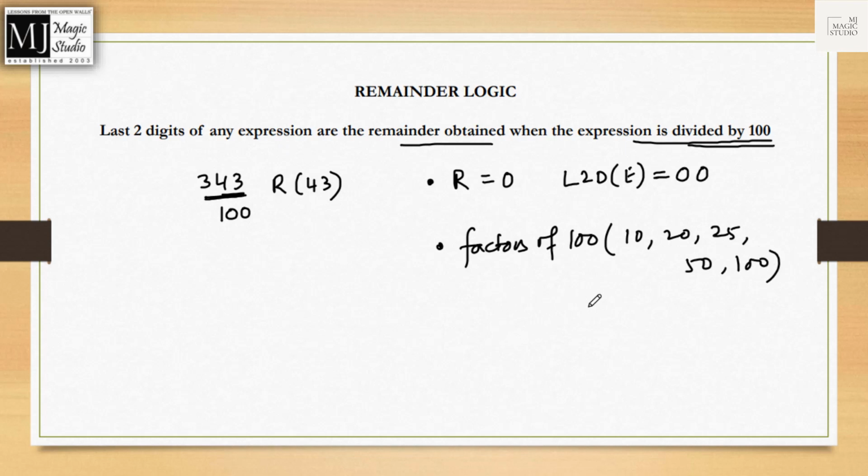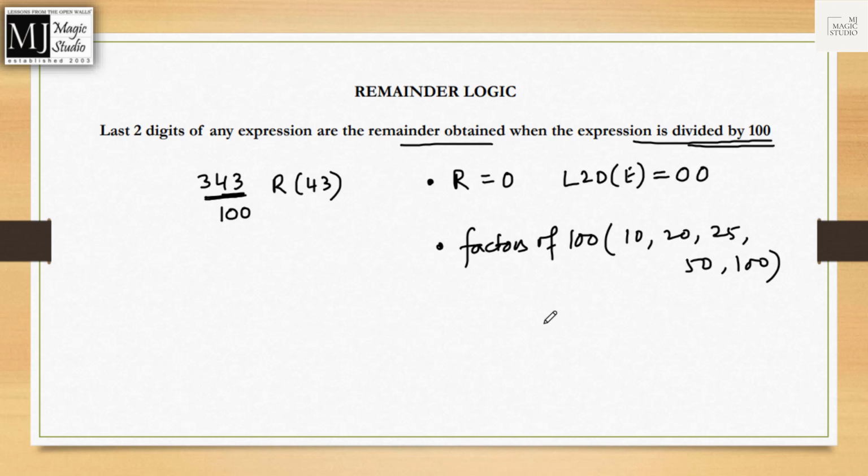We can divide the expression by these numbers and find the remainder. If we are dividing by 10, whatever remainder we get, we multiply it by 10, and that gives us the last two digits. If we are dividing by 20, whatever remainder we get, we multiply it by 5, and we will get the last two digits.